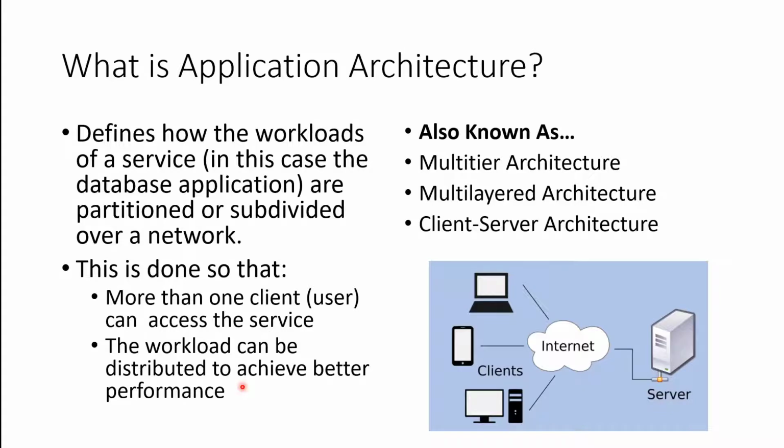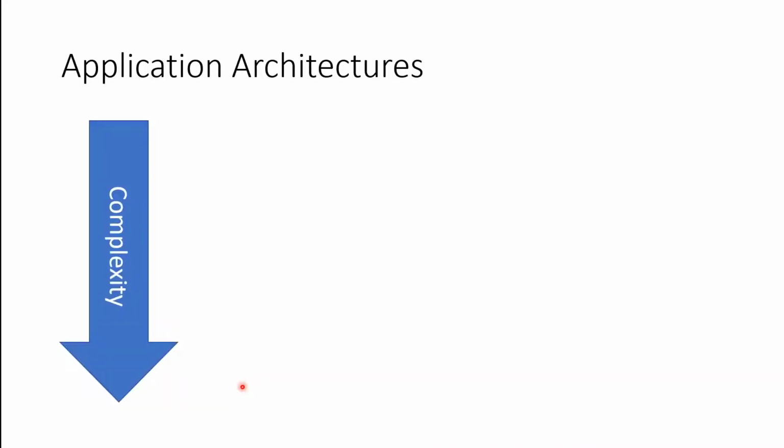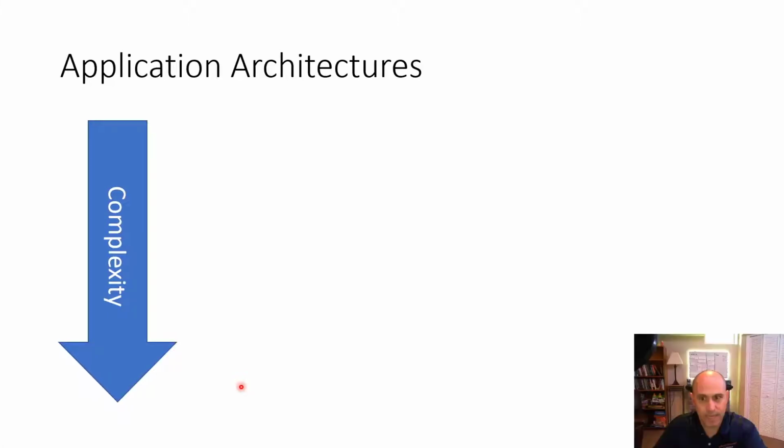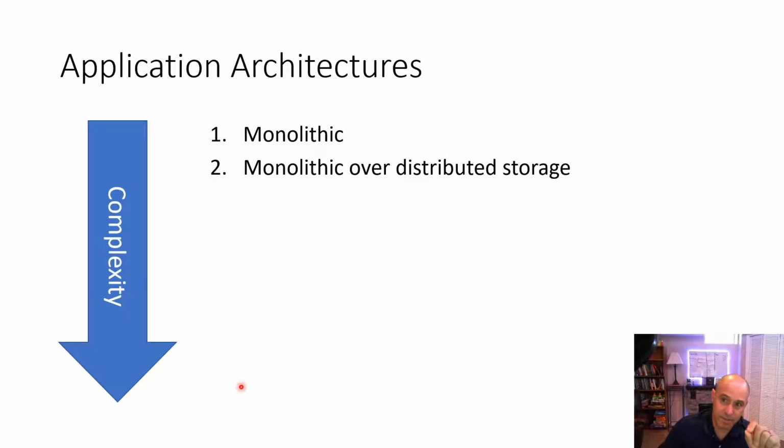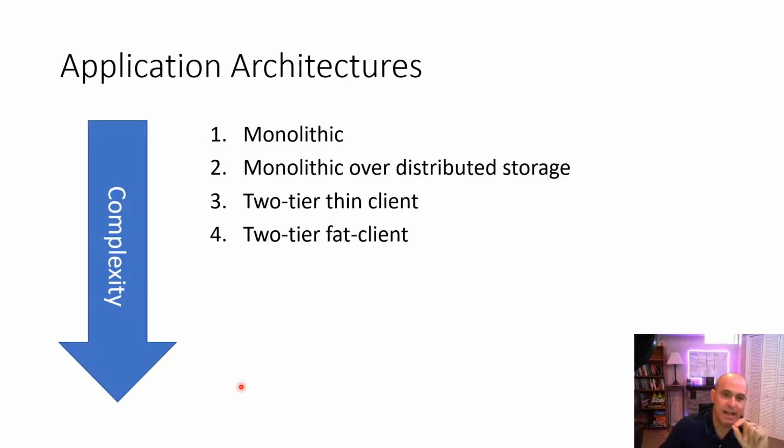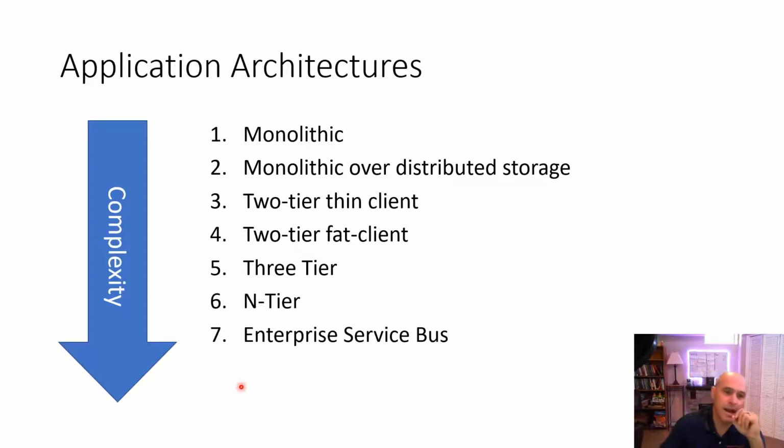When you're looking at any application architecture, it's measured in terms of complexity, and at the very top is the least complex, which is monolithic. We're going to go through all these in more detail. Monolithic, then monolithic over distributed storage, 2-tier thin clients and fat clients, 3-tier, N-tier, enterprise service bus, and then the most complex application architecture is a microservices architecture.